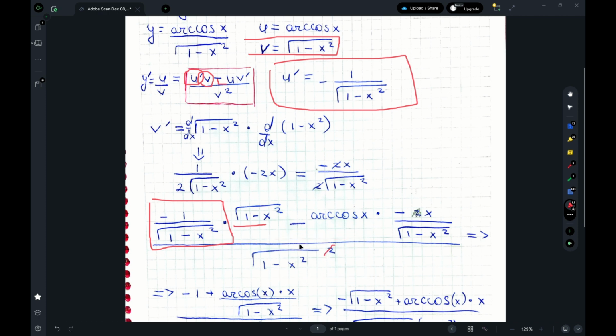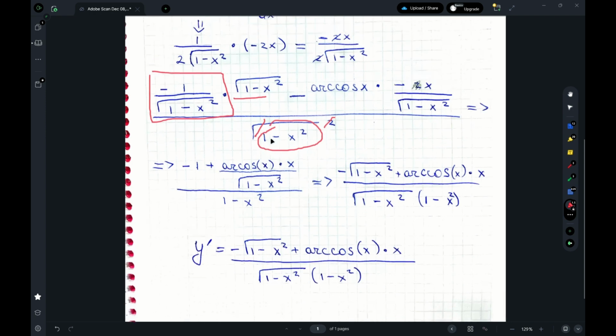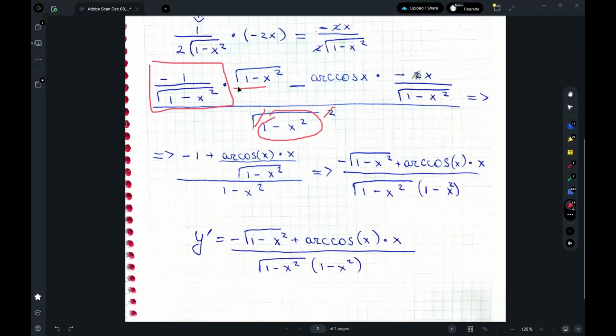We can get rid of these things and we have divided by 1 minus x squared. Then we can get rid of this one and we have minus 1 here. So we can turn it to the plus because minus multiplied by minus gives us plus.